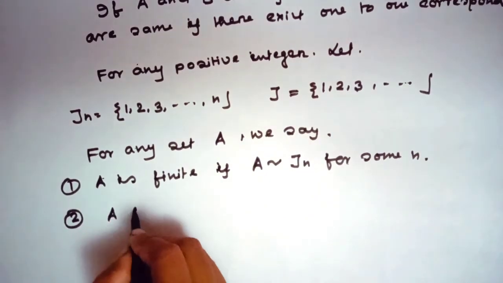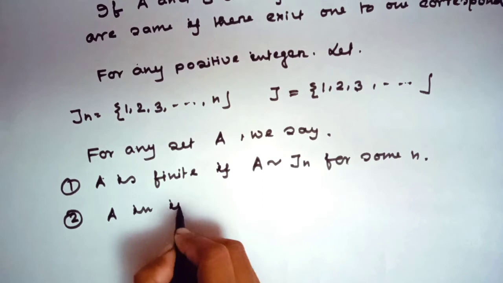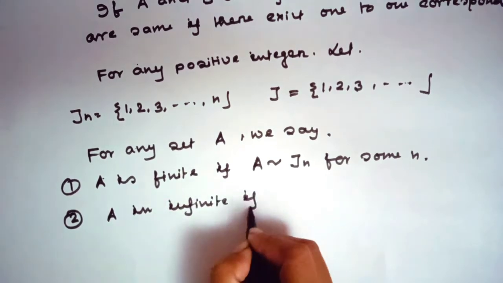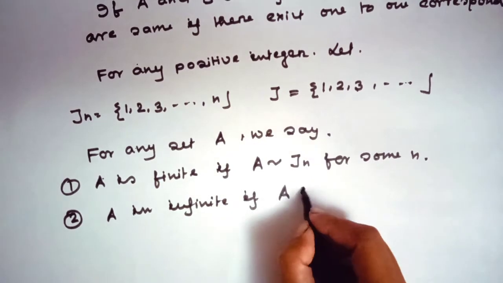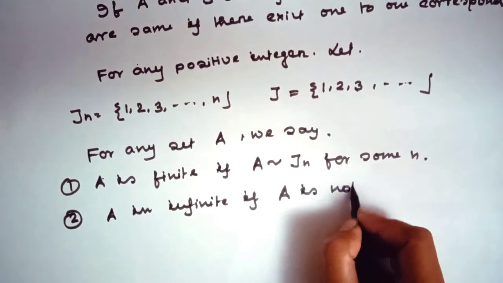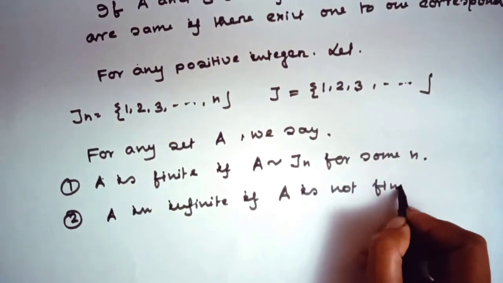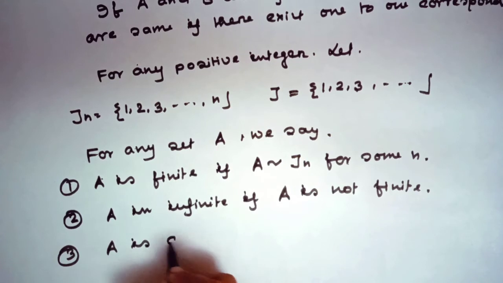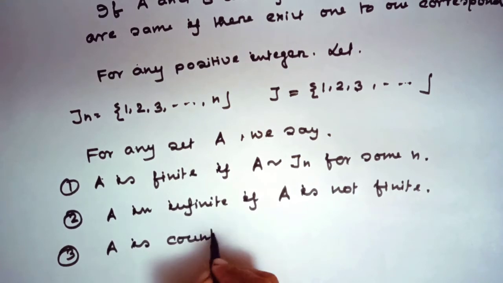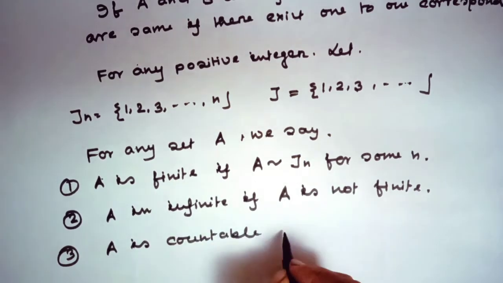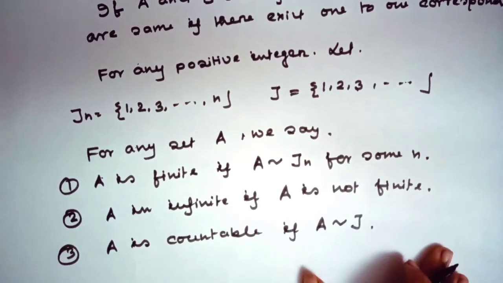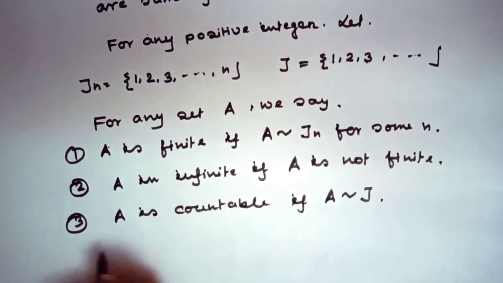2. A is infinite if A is not finite. Okay. 3. A is countable if A is equivalent to Z. 4.